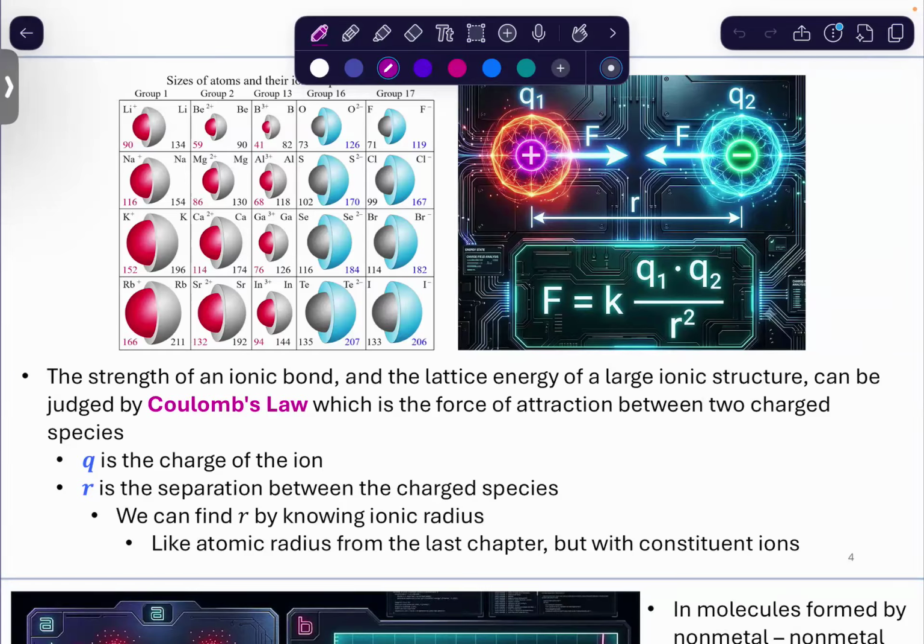When you add electrons to form negative ions, you're adding more electron repulsion into various subshells or energy shells, and those are going to balloon up due to that electron repulsion. So your negative ions become larger than their constituent atoms. And this is all going to play a role.